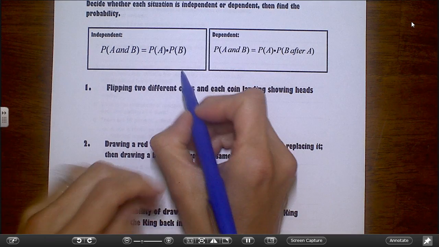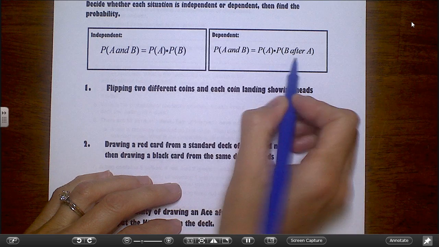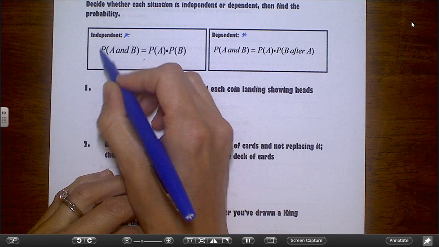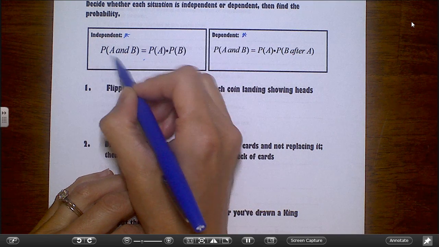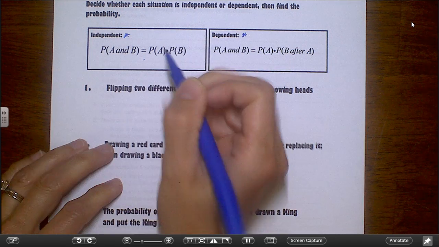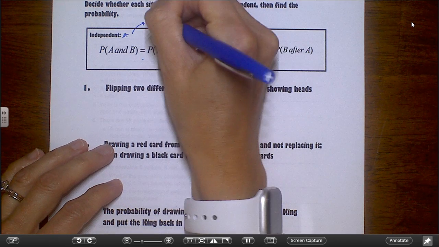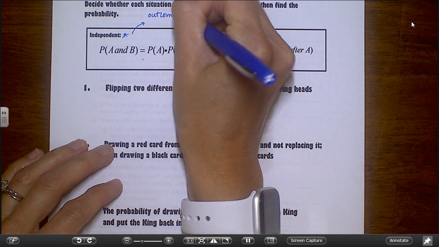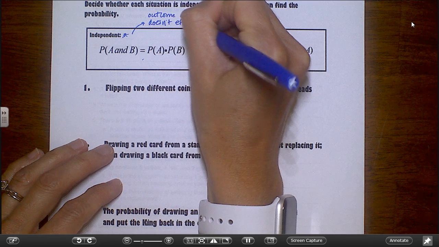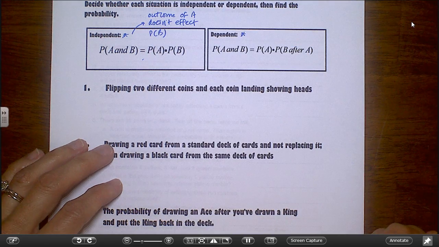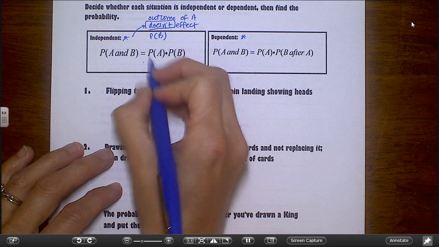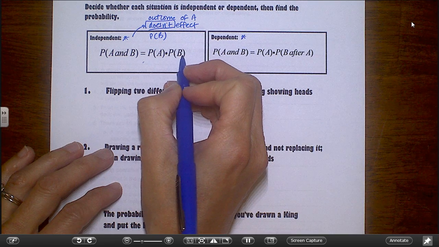Okay. Now, these are not super different formulas. So this is for independent. This is dependent. Remember, P and then parentheses means the probability of whatever. So the probability of A and B happening if they're independent events, meaning that the outcome of A does not affect the probability of B. Then I simply take the two probabilities and I multiply them together.